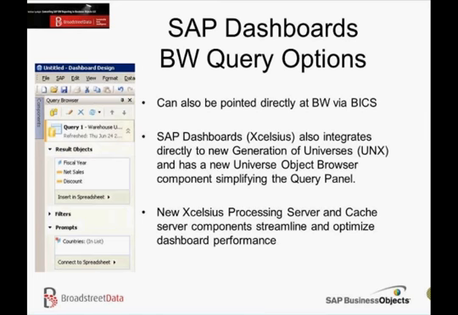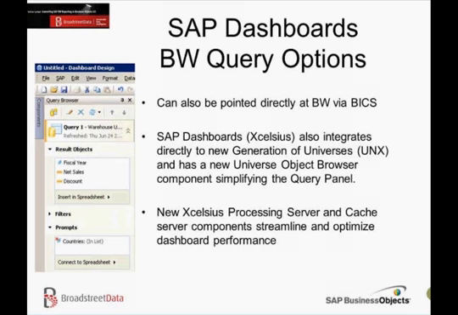So this means that previously we had to use query as a web service as a data source for Xcelsius, but now we can go directly against universes. So this is a lot more optimized and a lot easier to maintain and develop. This was a big disconnect with Xcelsius and how queries were managed before and how they were maintained.